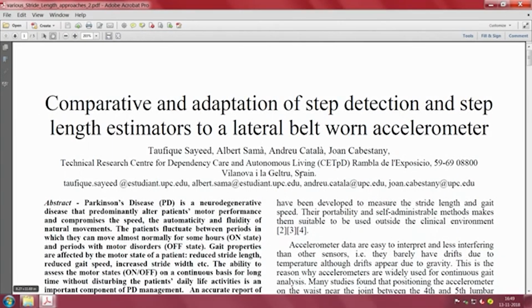So let us look at one more paper, and let me give you some background of this paper. We are trying to do an IoT application, and we are looking at localization without GPS as a broad title, and we are trying to look at how to use these IMUs. That is one approach.